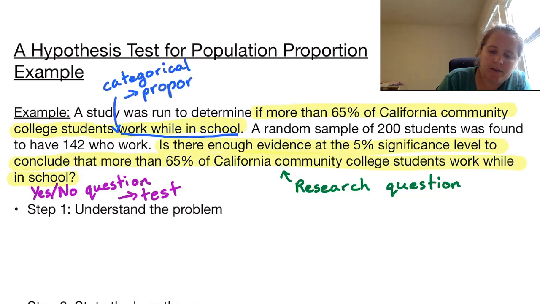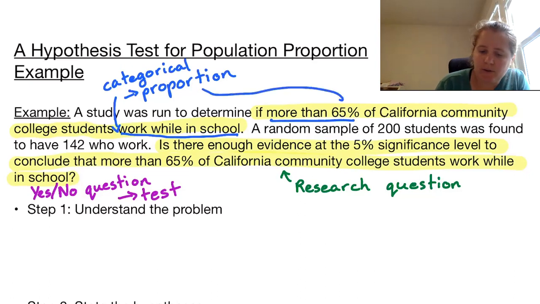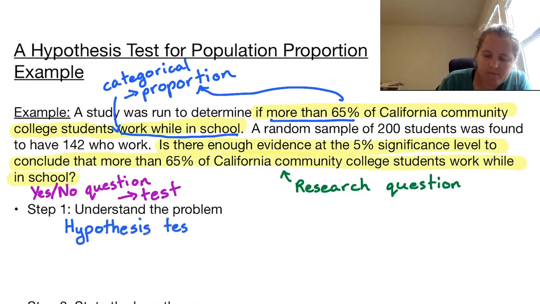Or we can just see that we're looking at more than 65%, so we're dealing with percentage, or proportion. We're looking at, is there enough evidence at the 5% significance level to conclude this? We're talking about a proportion test, so we are looking at a hypothesis test for population proportion.